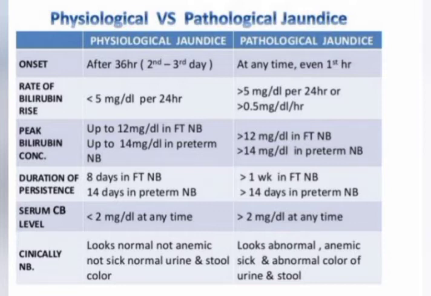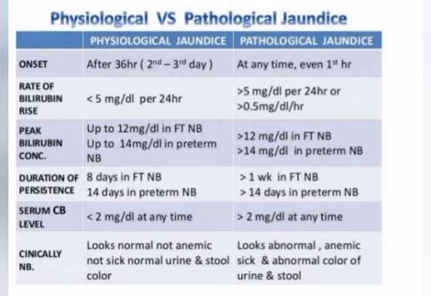Then the rate of bilirubin: in physiological jaundice the bilirubin level will rise less than 5 mg per dl per 24 hours. In pathological jaundice, the bilirubin level will rise more than 5 mg per dl per 24 hours. Coming to the peak level of bilirubin concentration, it is up to 14 mg per dl in a preterm newborn in physiological jaundice, and in pathological jaundice it will be greater than 14 mg per dl in a preterm newborn.